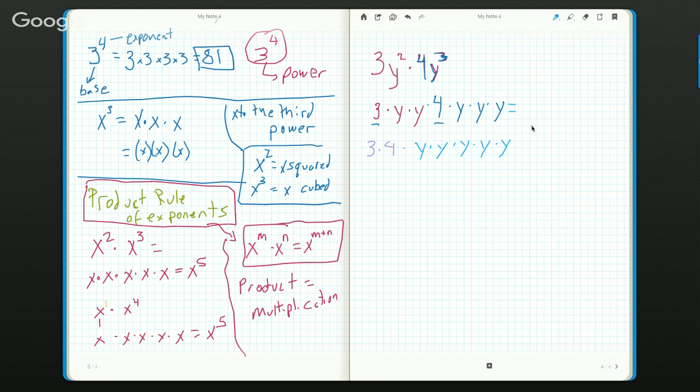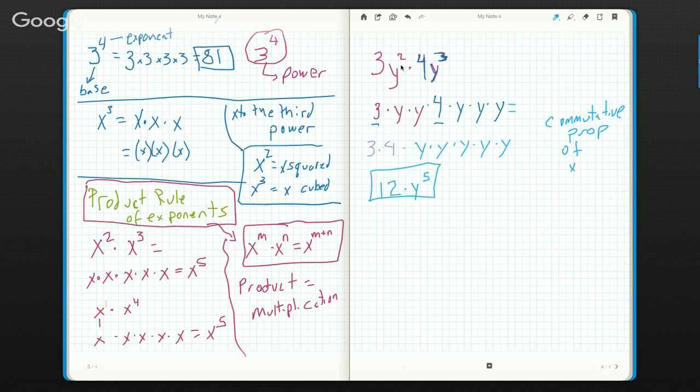And this is true because of the commutative property of multiplication. Okay, so now we know what 3 times 4 is. 3 times 4 is 12. And we know that the definition of powers says that this is y to the 5th power. Okay?